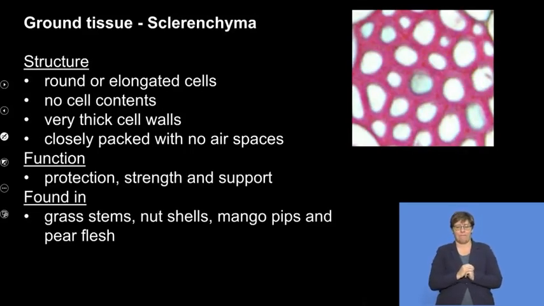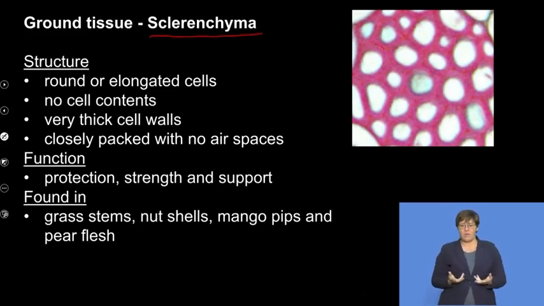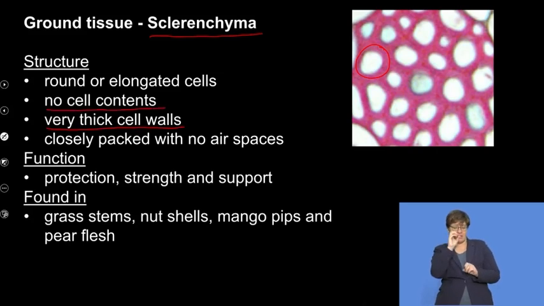Then, if those walls aren't thick enough, if the plant really needs something firm to support it, we can have cells where the entire cell wall is extra thick, and this is called Sclerenchyma cells, and they have very thick walls, and also they have no cell contents.